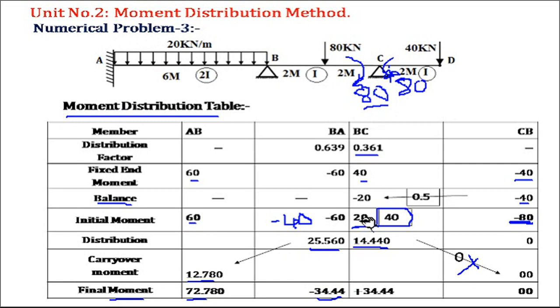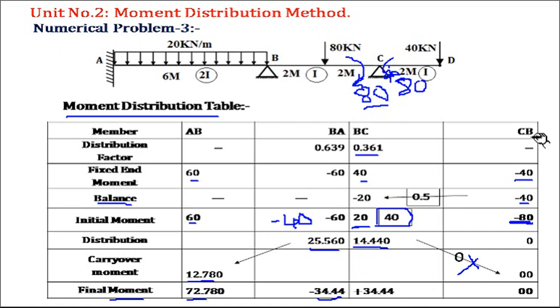The moment in member BC is 20 plus 14.440, which gives plus 34.44. At joint B, the numerical values are the same, 34.44 and 34.44, but the signs are opposite. One is in anti-clockwise direction and the other in clockwise direction. So joint B will be in equilibrium.